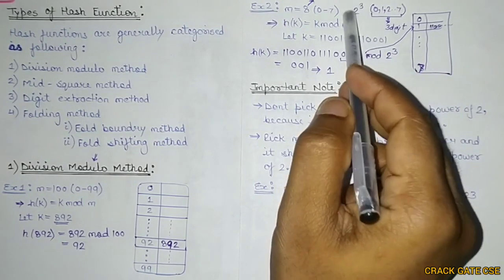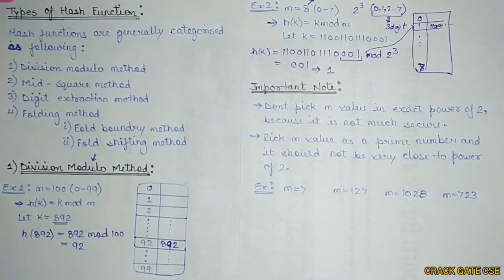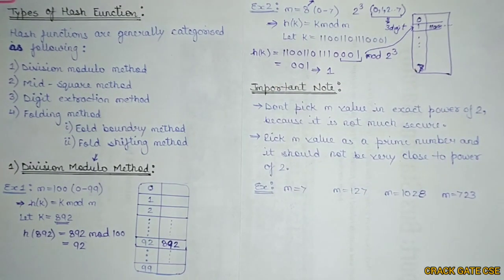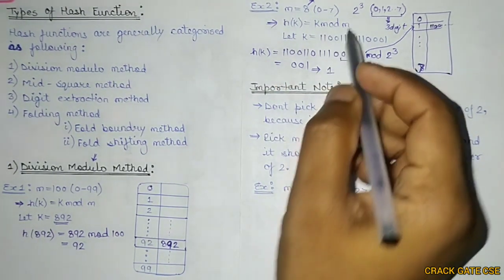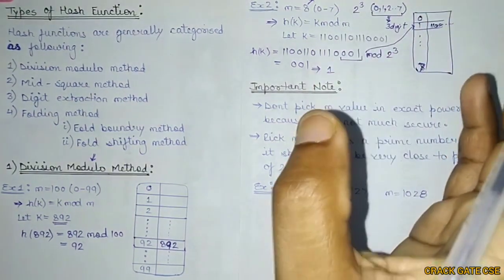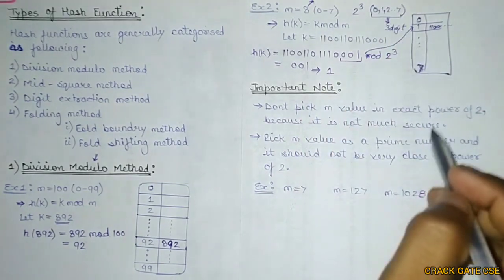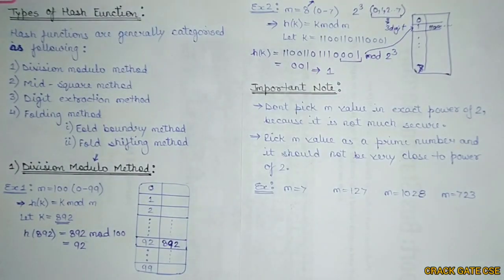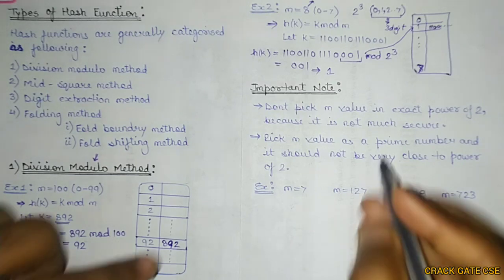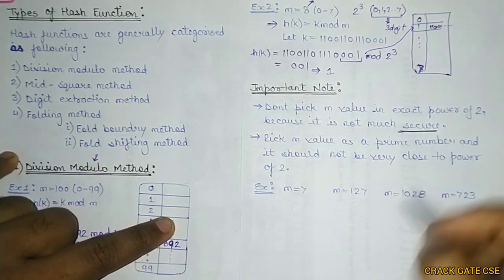You can see here the m value was exactly in powers of 2. That means 8, which we can write as 2 to the power 3. But it is generally suggested that we do not pick the m value which is exactly a power of 2, because it can be easily breakable. Someone can easily intrude into the system by just making some blind guesses. So it is not much secure.